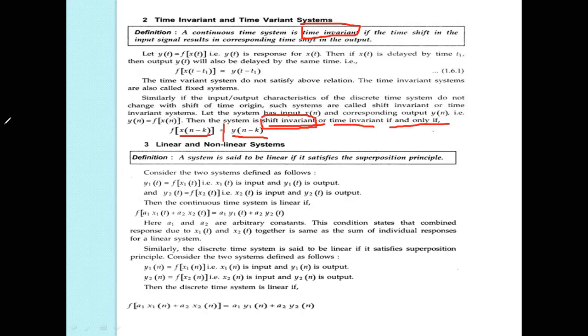If it does not satisfy the relation, that is, the function of x of t minus t1 is not equal to y of t minus t1, or the function of x of n minus k is not equal to y of n minus k, that system we can call a time variant system. Understood, my dear students?